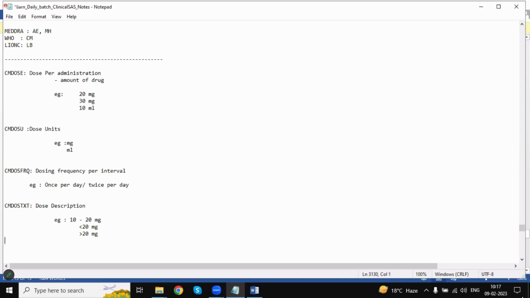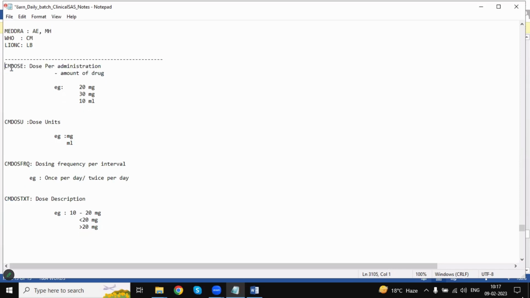If the data is available in range form like this, we capture it in the dose text variable. If the dose amount is given as standard numeric numbers like 20, 30, we capture it in the CM dose variable. So that's the difference between CM dose and dose text.